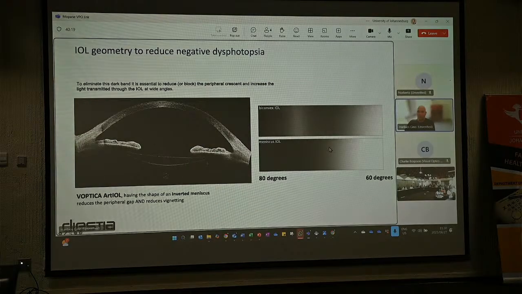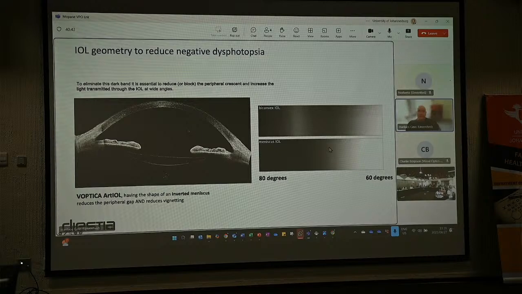Of course, this phenomenon disappears, but it also disappears with these meniscus lenses because it's inherently shorter, smaller, I mean, less light goes around it. And this is another benefit of having a lens with a more natural optical shape for central vision.